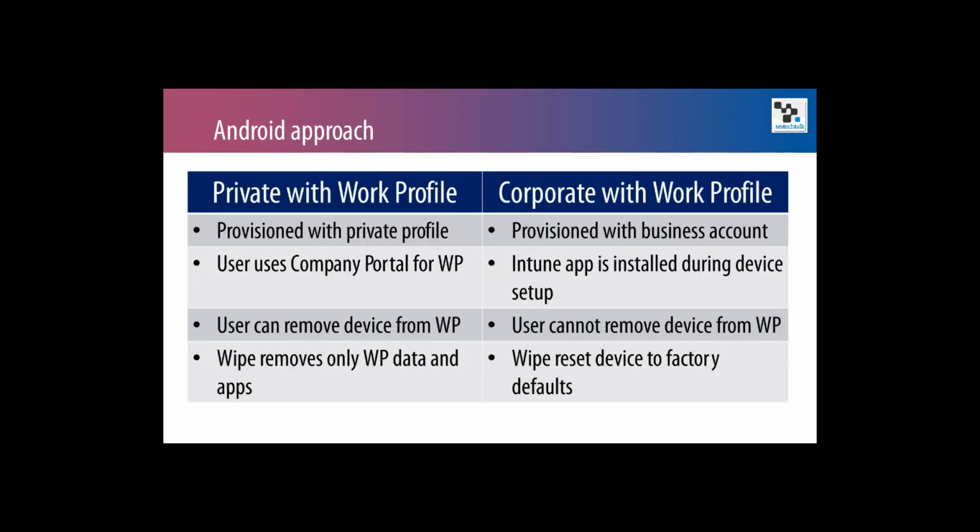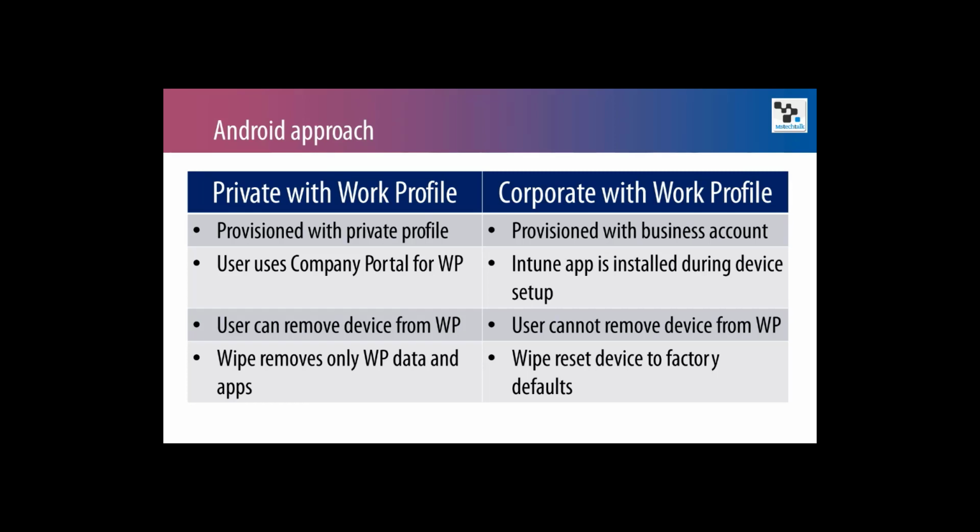So this is an explanation. What is the difference between private with work profile and corporate with work profile? The key point, I will start from the end. Wipe removes only working profile data on a private device. On a corporate device with work profile, wipe resets the device to factory defaults. This is the biggest difference. So on a corporate device, if you have your private profile, it will be deleted.